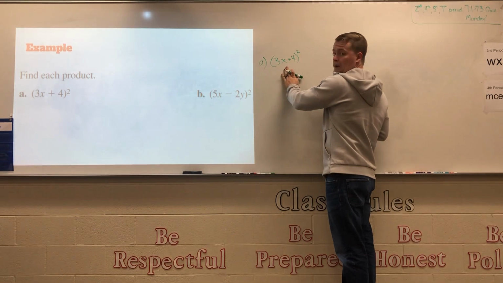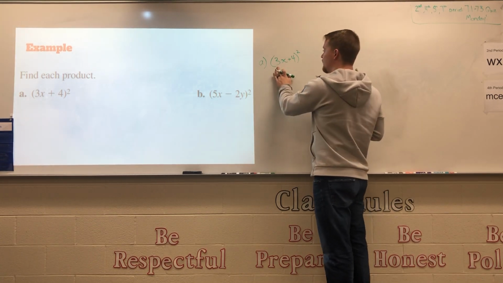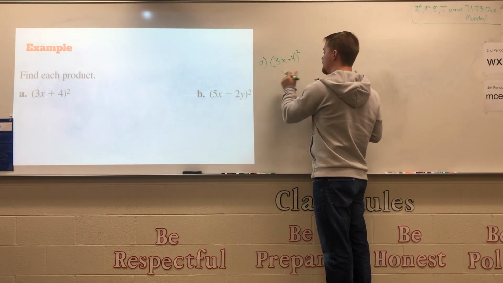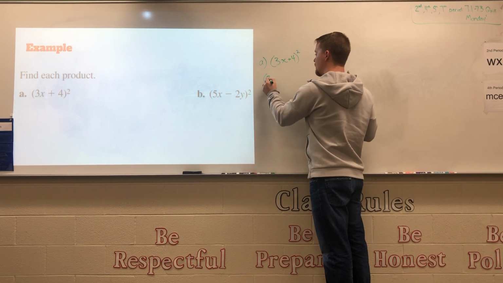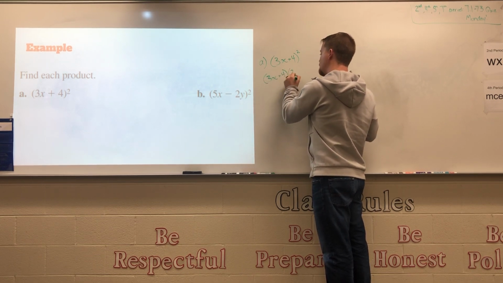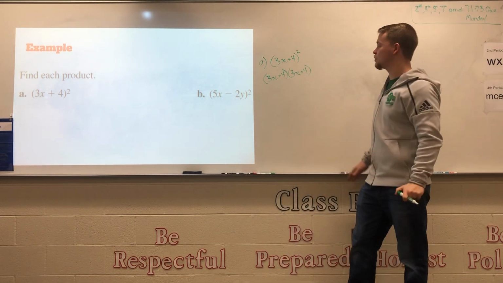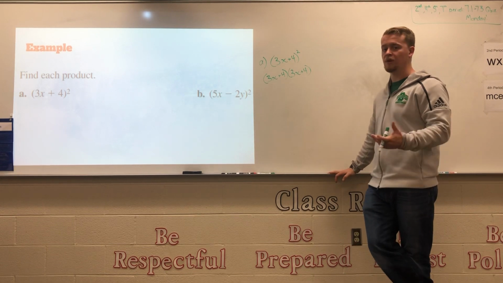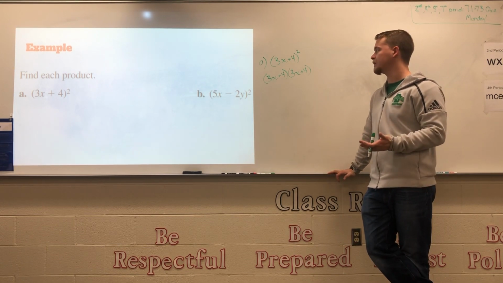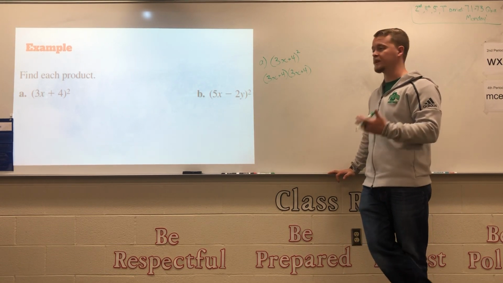That is not the correct process here. You have to take this base and multiply it by itself. So that becomes 3x plus 4 times 3x plus 4. So once you write it like this, we can go ahead and use distributive property, or FOIL, either one, to solve this problem.